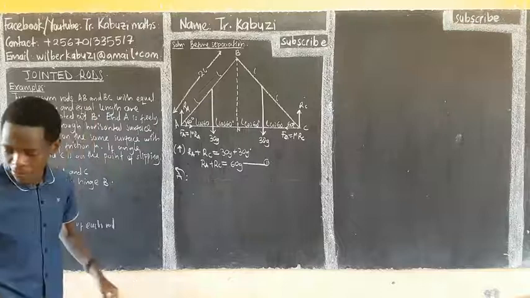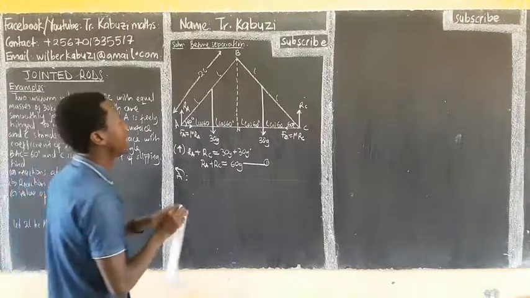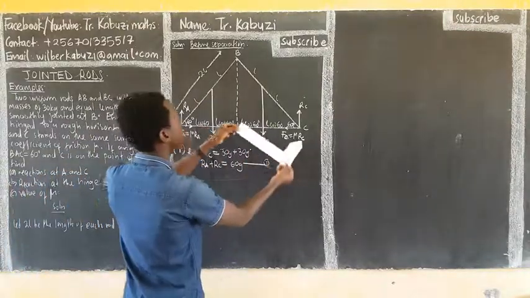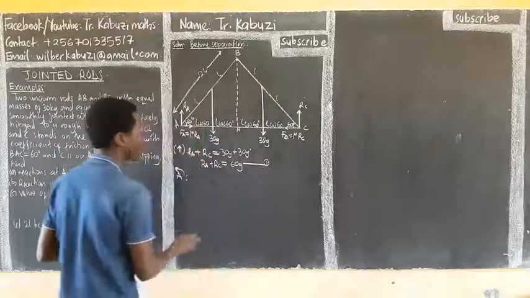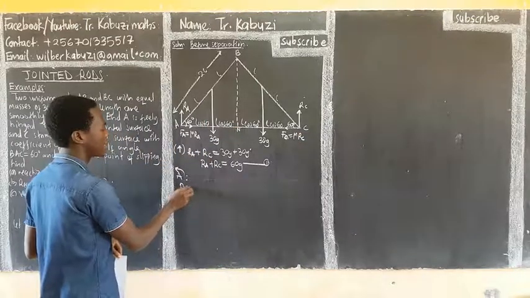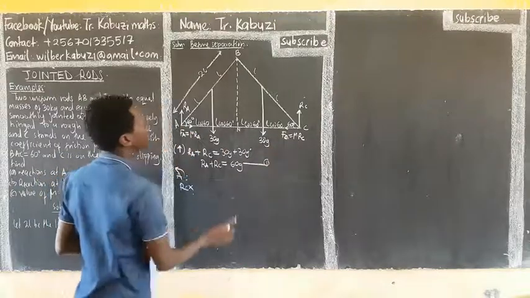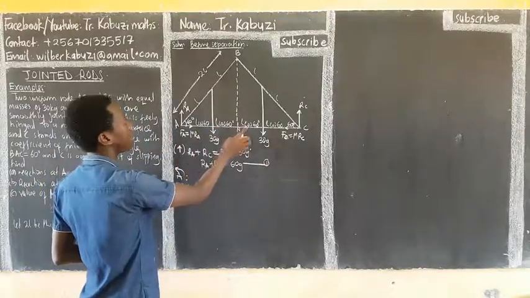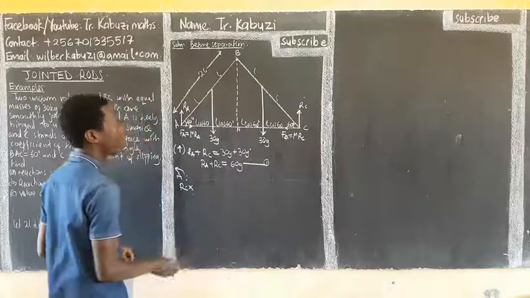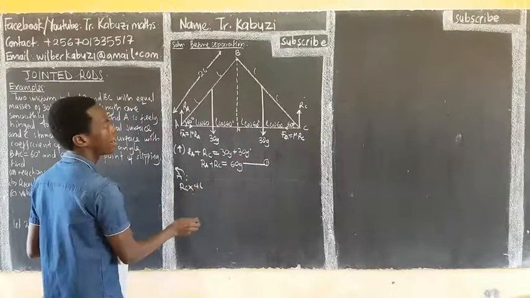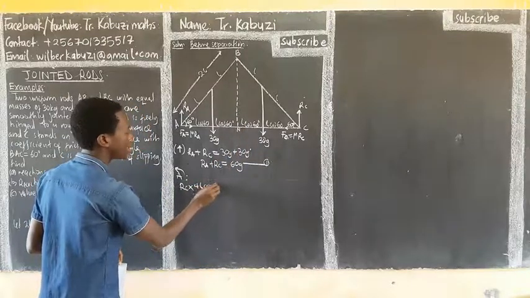Now, if I'm to take moments at A, I think you can see I'm going to be having this first one anticlockwise. So, I'm going to be having RC times the perpendicular distance from here up to here. We shall get this L, this L, this, so they are going to give us 4L cos 60.